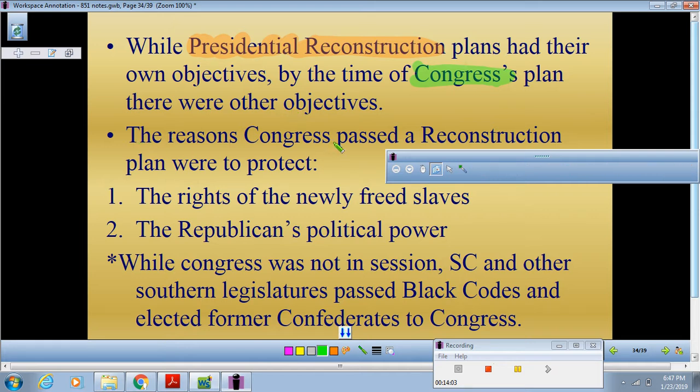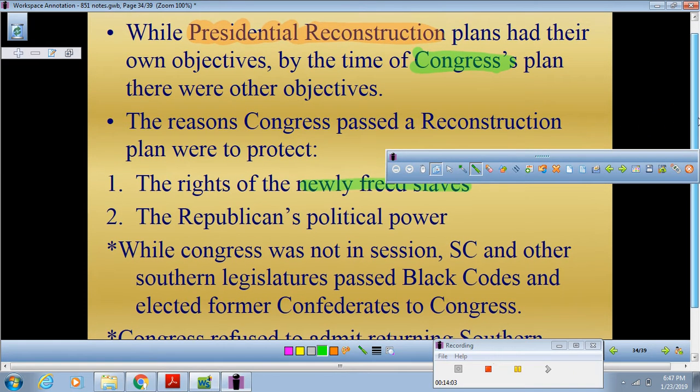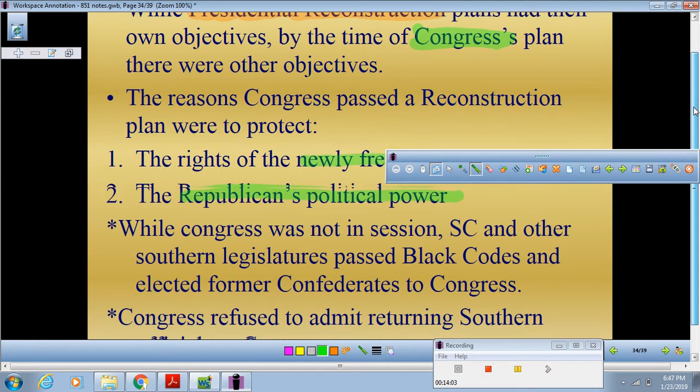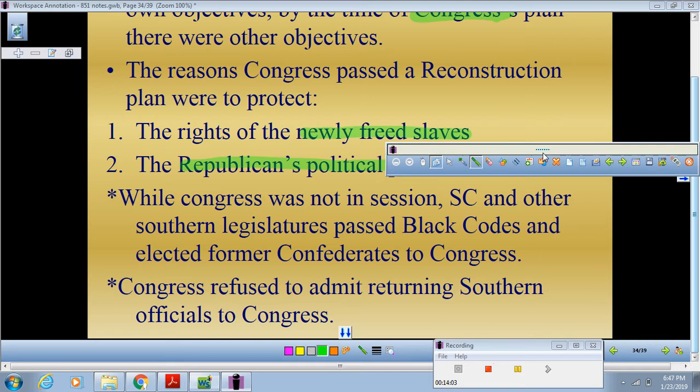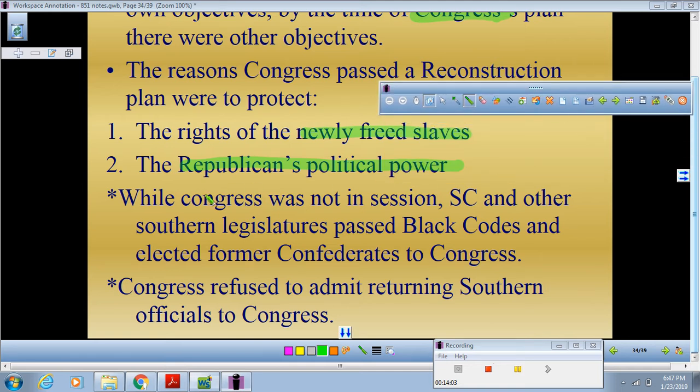Congress passed a Reconstruction plan because it saw that the rights of newly freed slaves needed protecting. And it was also to protect the Republicans' political power, which was in jeopardy from actions of the Southern states.